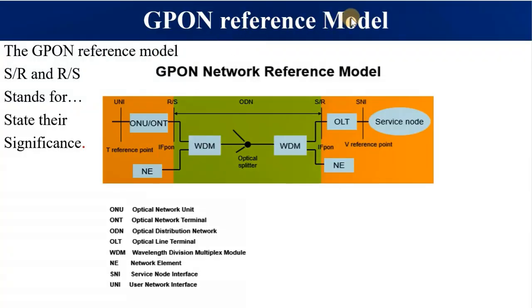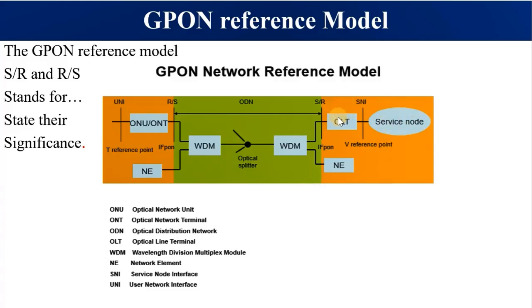GPON reference model. You remember the reference model of an ADSL network. If you are not aware, you can look for one of our videos on ADSL technology. So we are saying this is the model of a GPON network. We are saying service is coming from there.